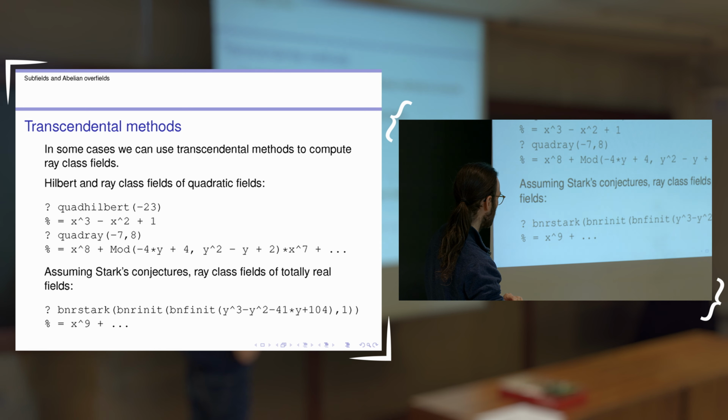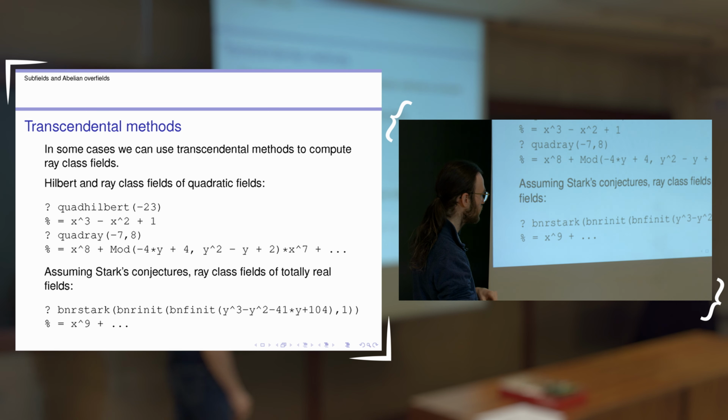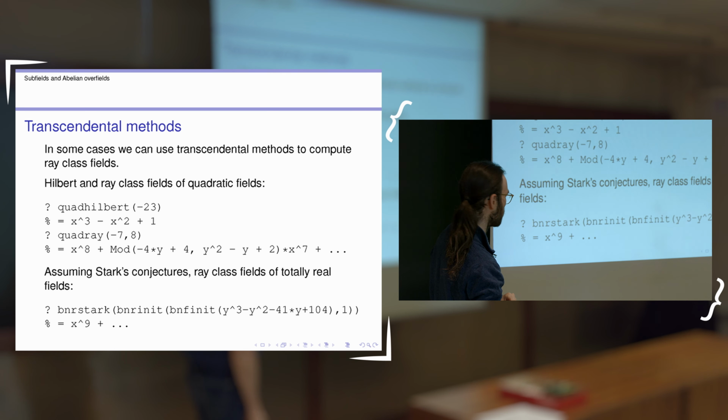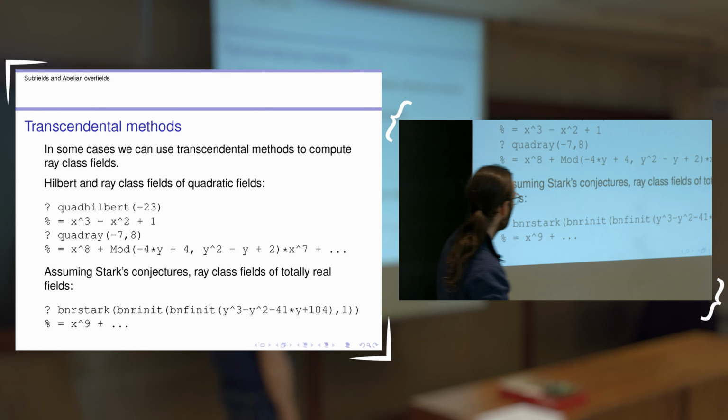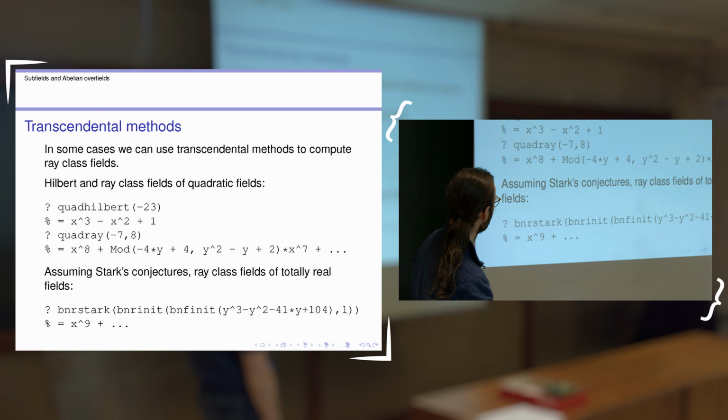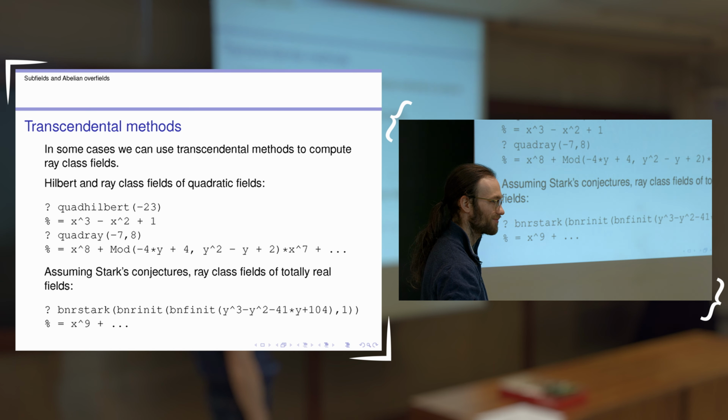And assuming Stark's conjectures, there's also a special function doing it for totally real fields. There's also Paul class, instead of quadhilbert. Yes, okay, I forgot this one. In this example it's bigger, but it's supposed to be smaller.